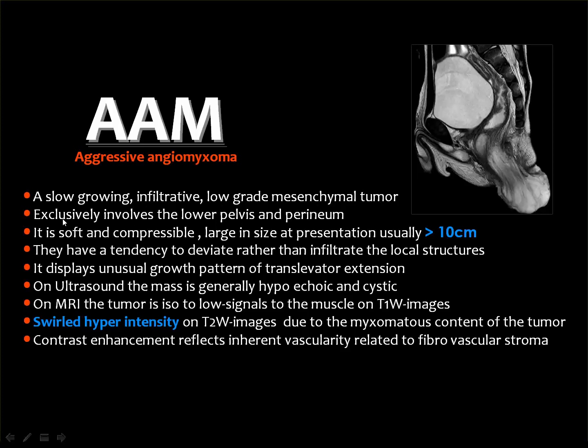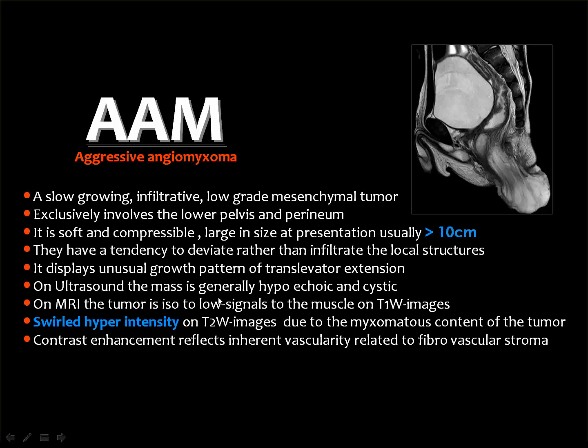It exclusively involves the pelvis and the perineum, and it is usually sizable at presentation, more than 10 centimeters in size. It has the tendency to displace rather than to infiltrate the adjacent structures.